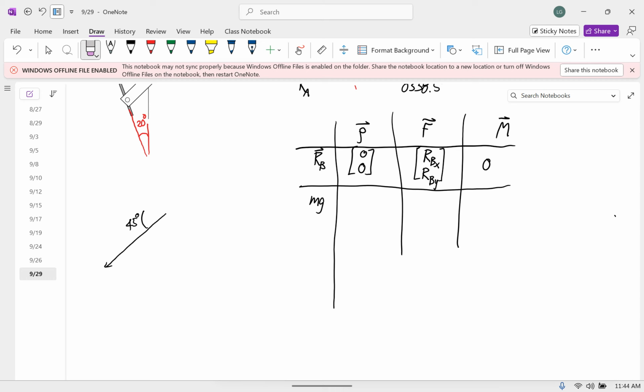We just do cosine of negative 45? Yeah. This gives you negative 1.414, negative 1.414 for the row vector.